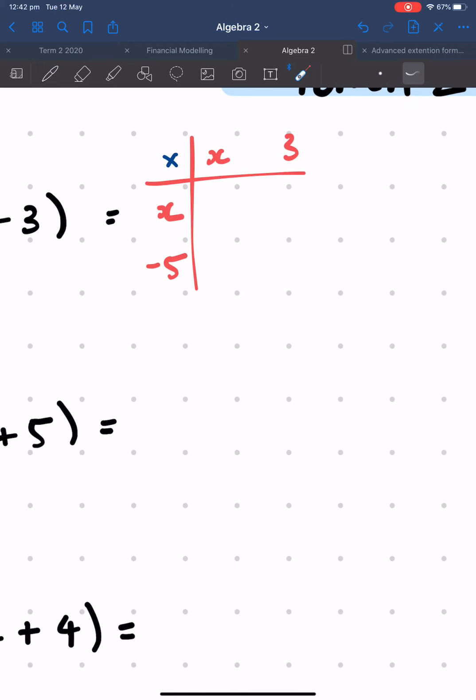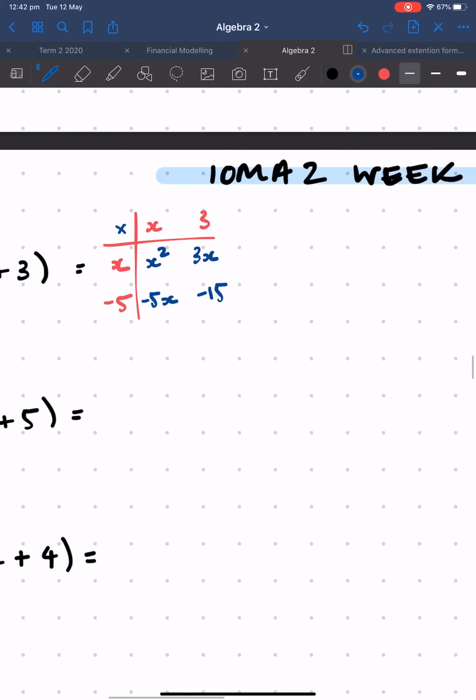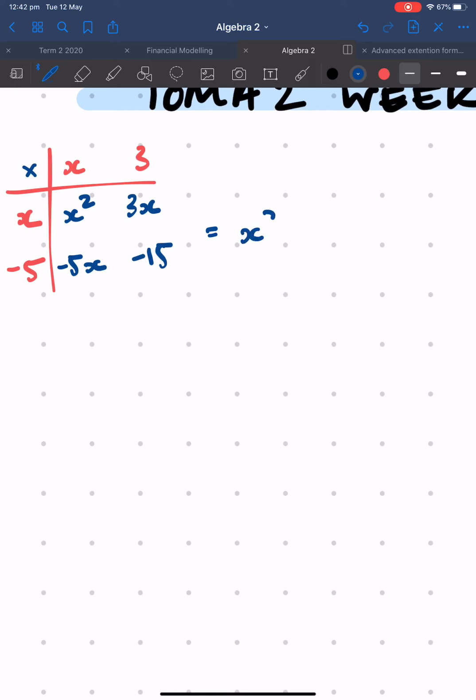Then this is a times tables chart. I'm just going to multiply, because we're always multiplying, to fill in each of these 4 gaps. So x times x is x squared, x times 3 is 3x, minus 5 times x is minus 5x, and minus 5 times 3 is minus 15. It's the exact same parts as before. And then when we write our answer, you'll notice it's going to be these diagonal bits here that have the same variable.